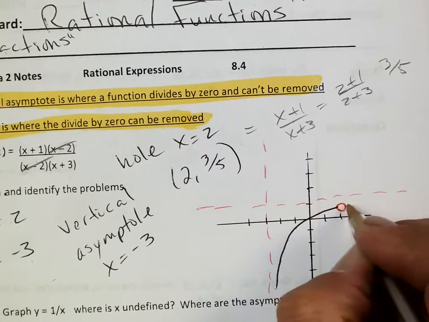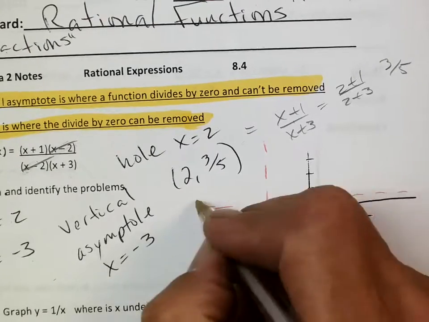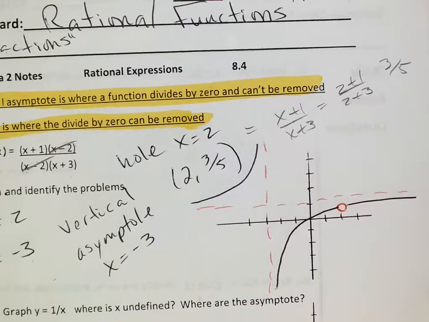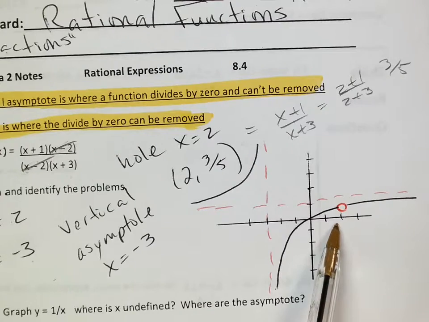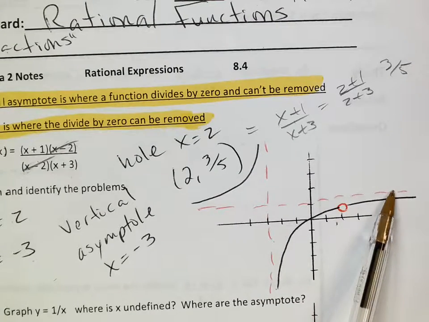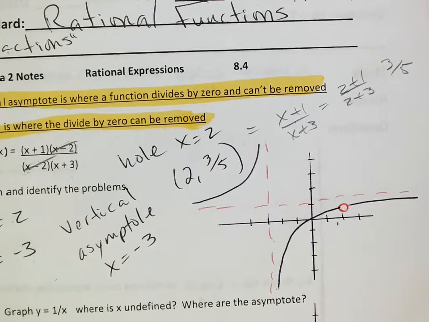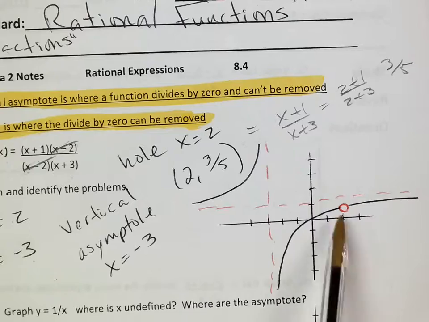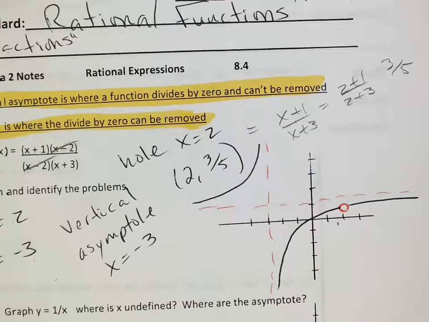Something like this, and something like that. Okay, I've got my hole, I have my vertical asymptote, and I have my horizontal asymptote. Now, you don't know where I got my horizontal asymptote from, do you? But I'm going to teach you that too, okay? But hold on to that one. How did I get this? We're going to go to infinity, but not right now, okay?